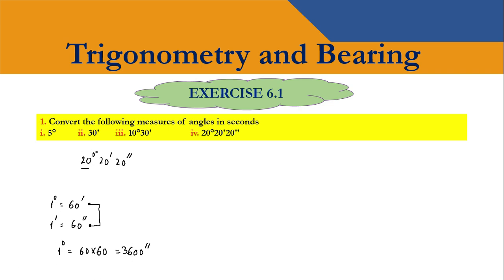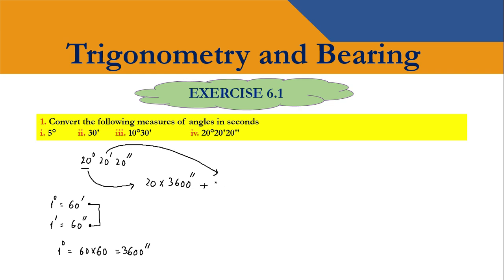So now I want to convert 20 degrees into seconds. So what will I do? 20 degrees multiplied by 3600. This will convert 20 degrees into seconds, plus these 20 minutes.